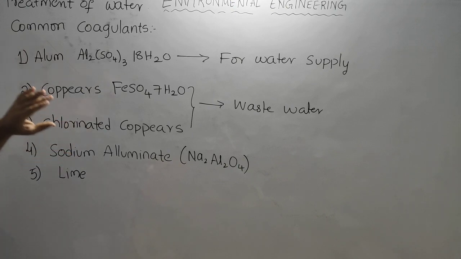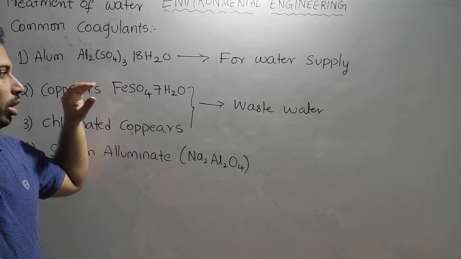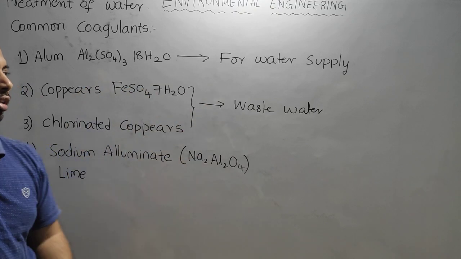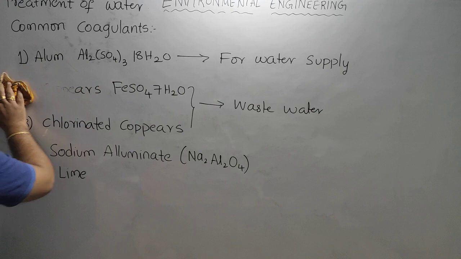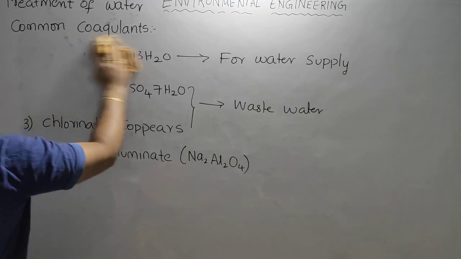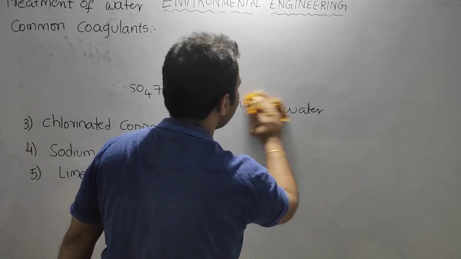We will understand why we are not using iron flock for water supply and why we use it only for wastewater. We will discuss that clearly once we go into the concepts. First one we are going to discuss is alum. In water supply, alum and its reactions when we add it to water are very important for the examination.